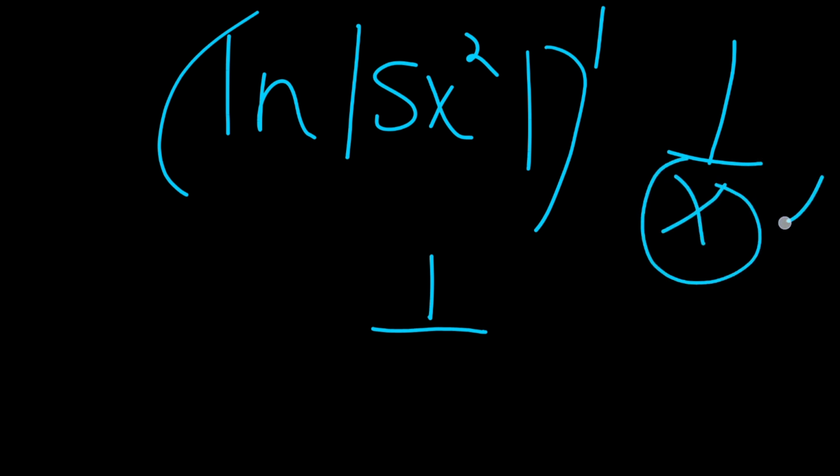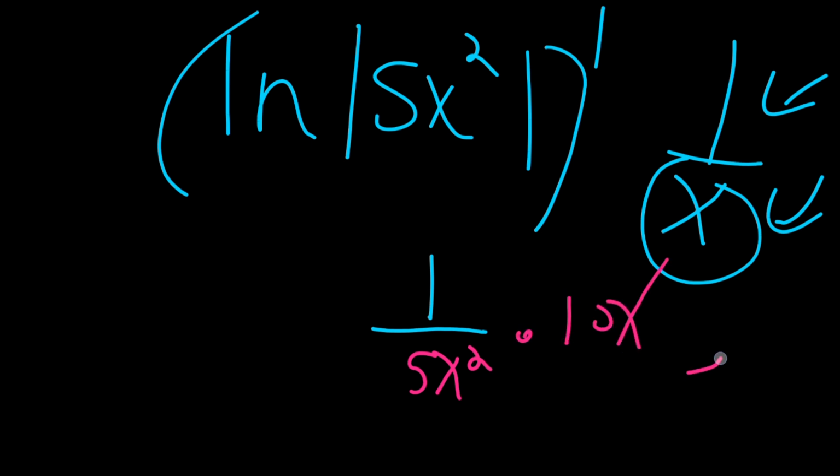This x is going to be your function value, and the top is going to be your derivative. So if I just have the function value, it's going to be 5x squared on the bottom times the chain rule, which is 10x, which is going to be 10x over 5x squared, and that's your answer.